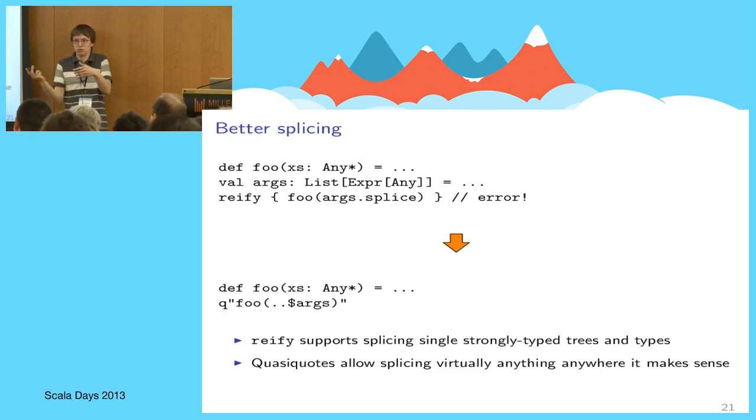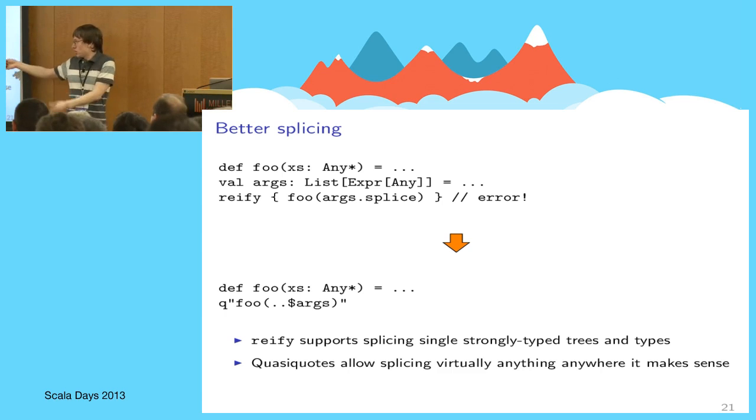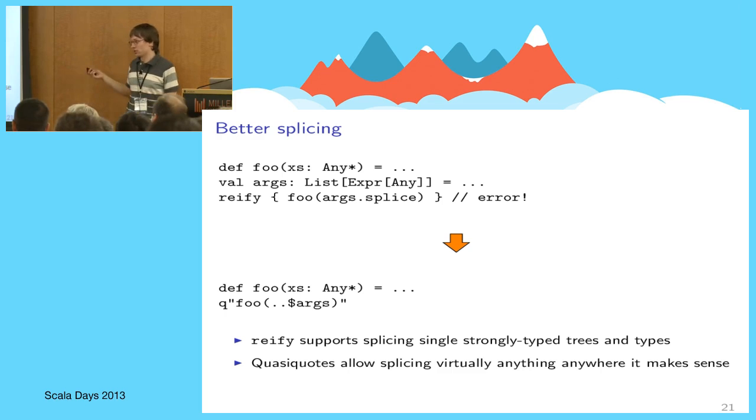You have a function call, two arguments, and you have two expressions. Well, that's just not possible with reify, unfortunately. I see these Stack Overflow questions all the time, and this makes me so sad. But it makes me so happy that we solved it now. So as you can see with quasiquotes, it's just a splice away. So easy. Well, the best thing that happened to Scala macros.